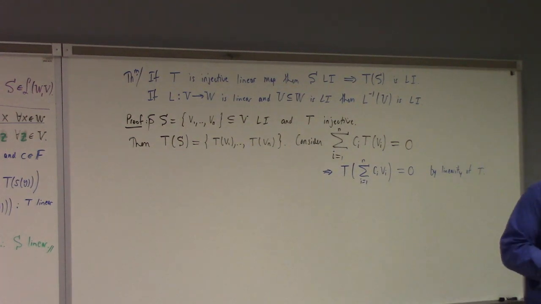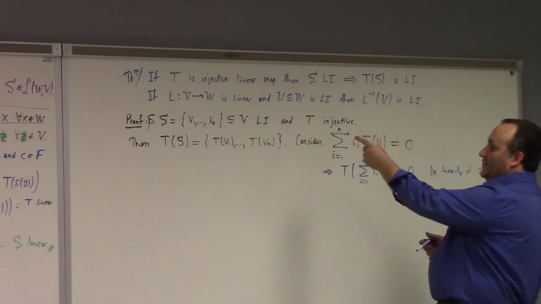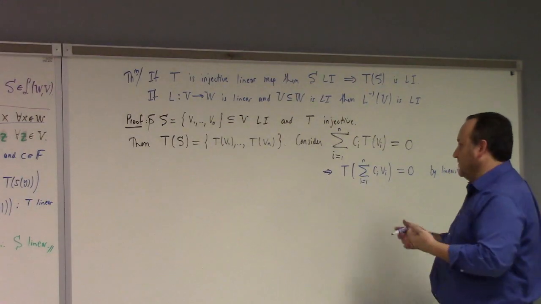But what did we learn about injectivity last class? Remember? Very good test question, by the way. The proof of this, that a linear map is 1-to-1 if and only if the kernel is 0, right? But this is a 1-to-1 map, and the kernel is 0.